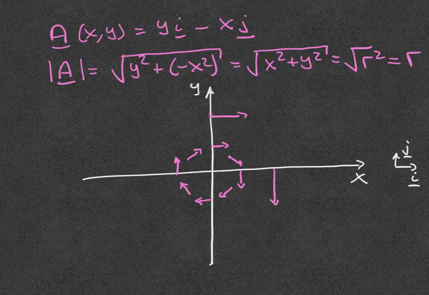I think it's easiest to draw the ones on the axes first. Something like that, something like this, something like this. And then again here, and again here.